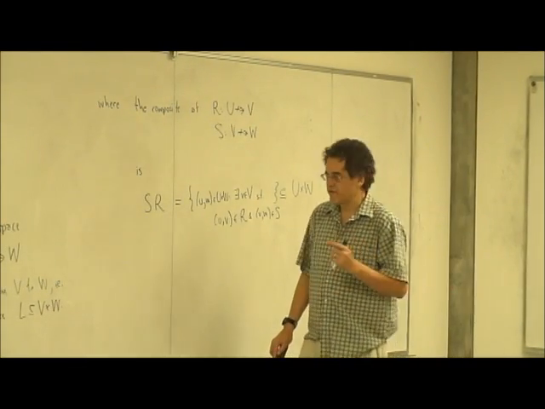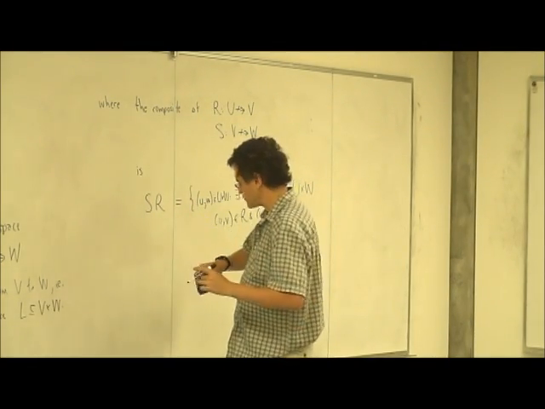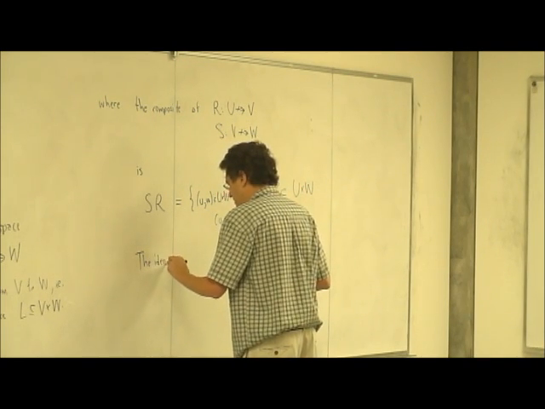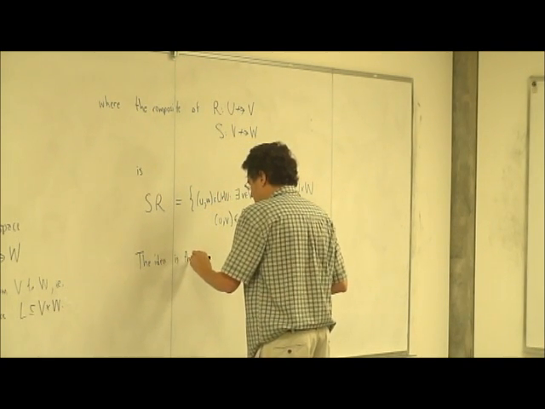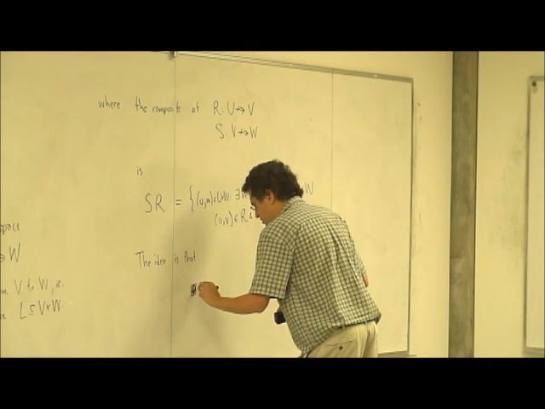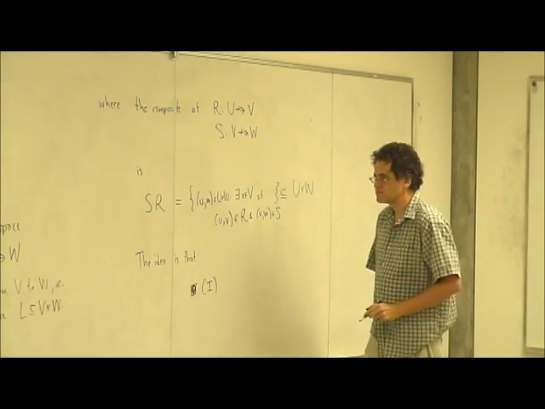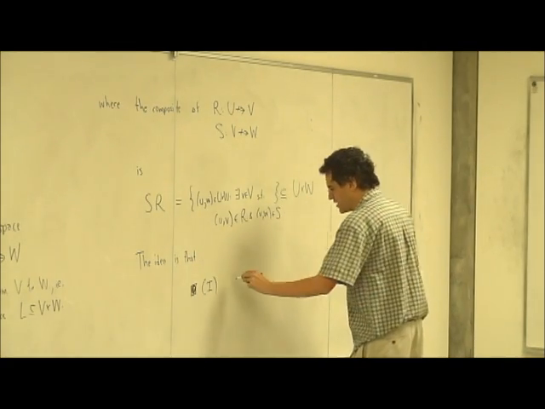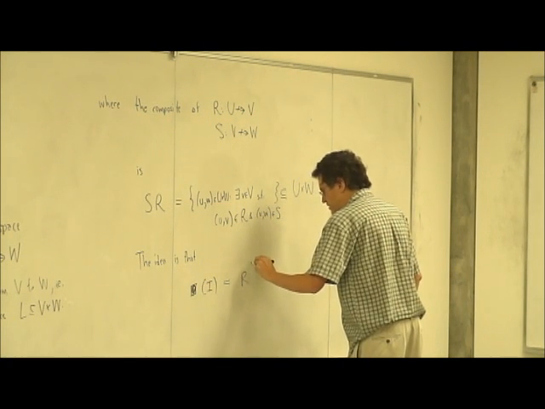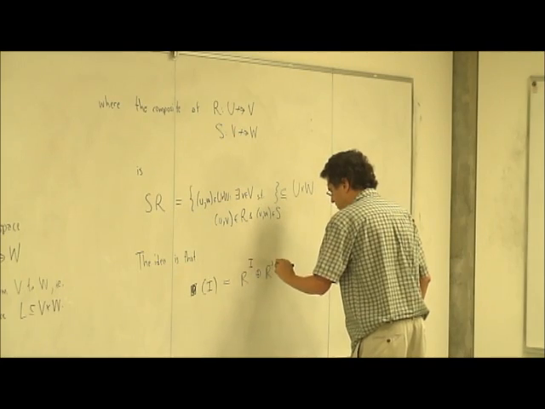So the idea is that this black box functor, you give it any set, that is any object in resistor, and it gives you a vector space, R to that set plus R to that set.